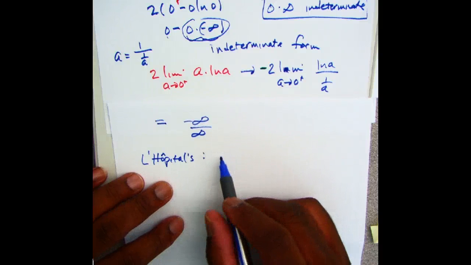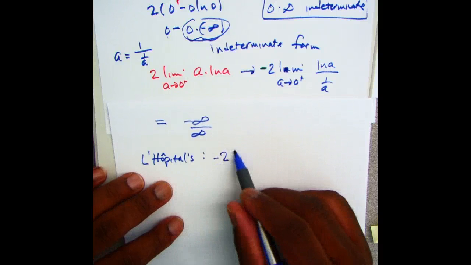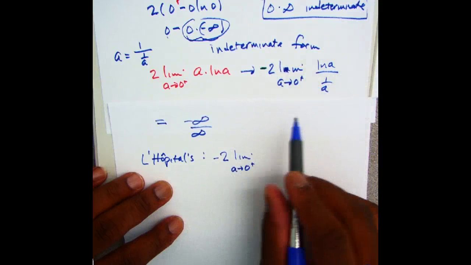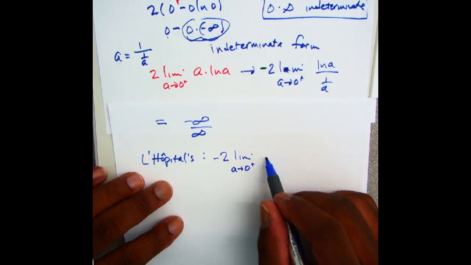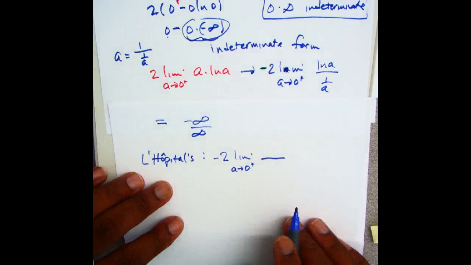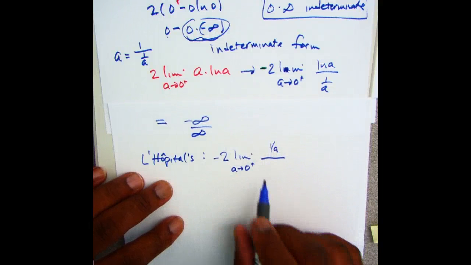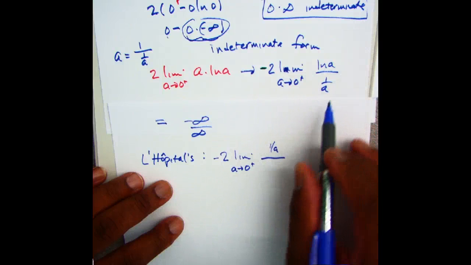All right, so when we take the derivative, we get -2, limit as a goes to 0 from the right, and what's the derivative of natural log of a? 1 over a. And how about the derivative of 1 over a?